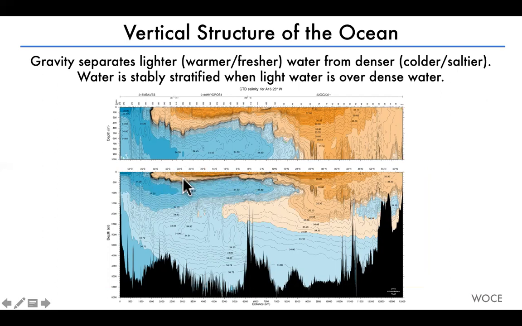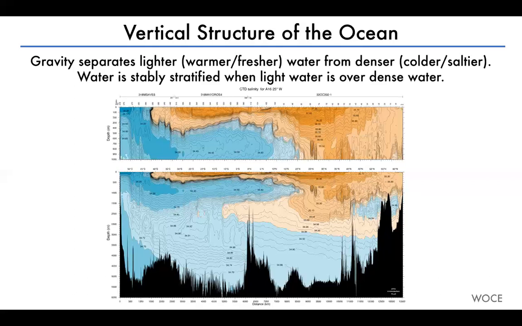So again, we can't think of salinity and temperature in isolation. We have to think of them together. But this is probably one of the best plots that exists for illustrating this overturning circulation in actual data. This is what you would see if you drove from north to south or south to north in the Atlantic on a ship and measured the salinity of the full depth of the ocean every 50 kilometers or so. That's where this plot came from.